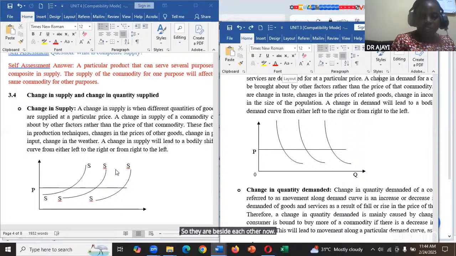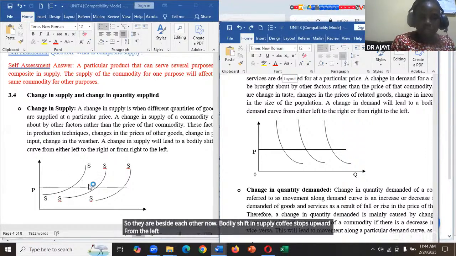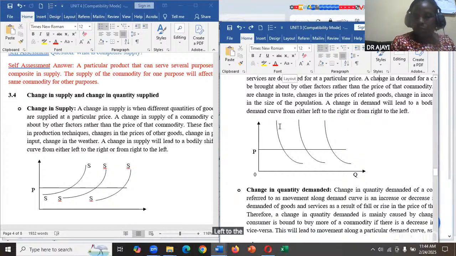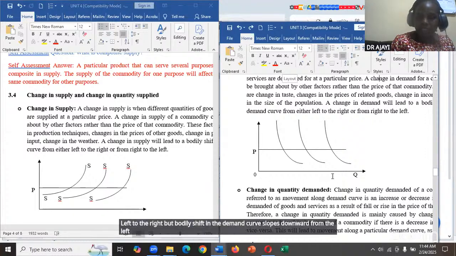Bodily shift in supply curve slopes upward from the left to the right, but bodily shift in the demand curve slopes downward from the left to the right. This is upward, this is downward. So that's just what I want us to take note of.